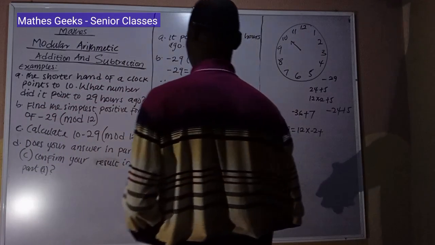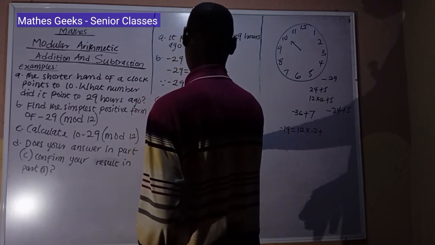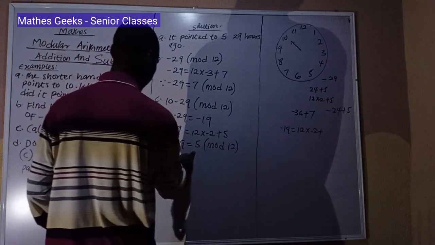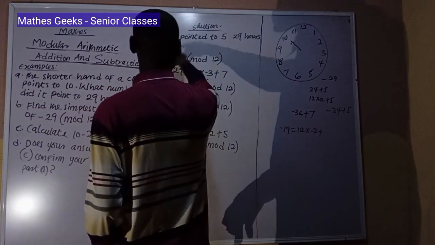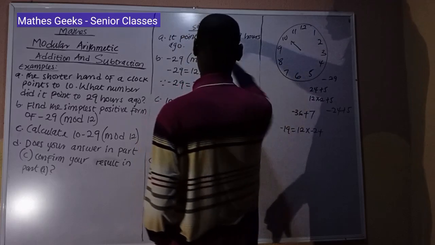D. Does your answer in part C, which is that minus 19 is equal to 5, confirm your result in part A? Part A is that it pointed to 5, 29 hours ago. Yes.